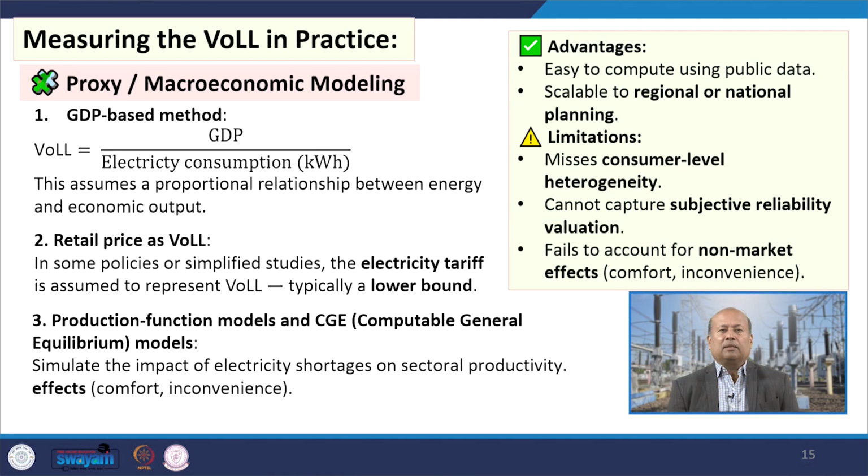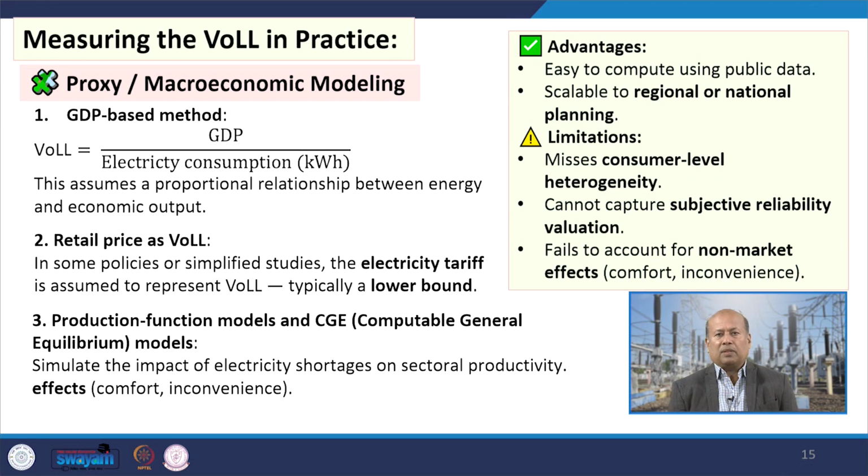Now, measuring the VoLL in practice, that is proxy or microeconomic modeling, has its merits and limitations. The advantages are that it is easy to compute using public data and scalable to regional or national planning.